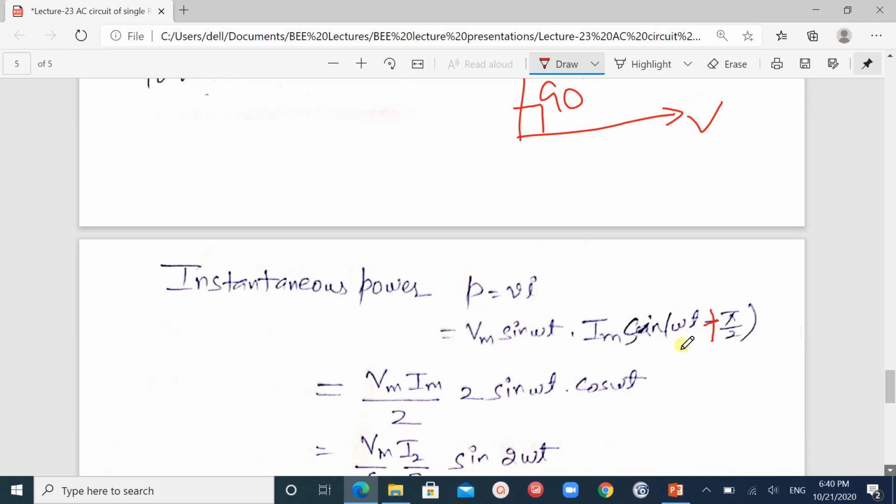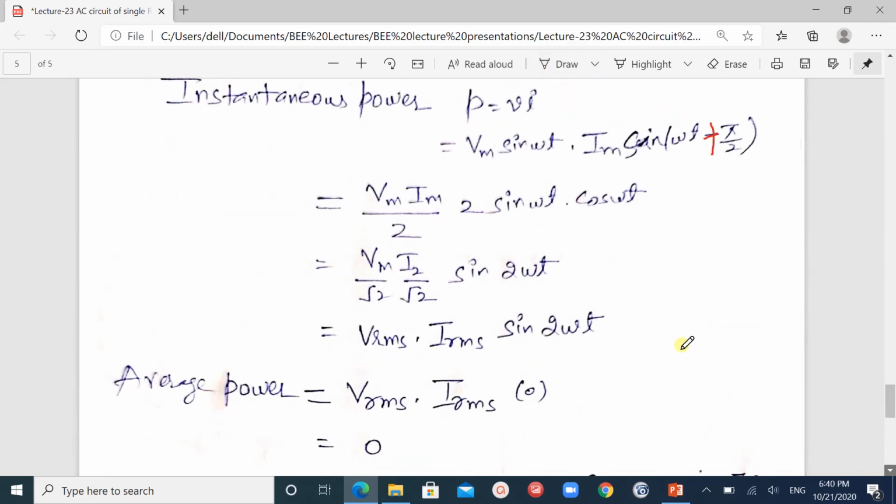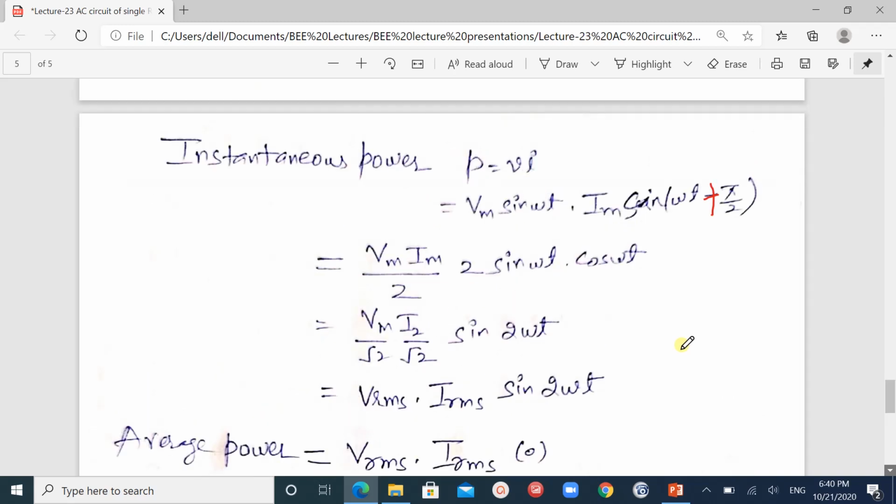When we solve this equation, it will become Vm Im upon 2 into 2 sin omega t into cos omega t.